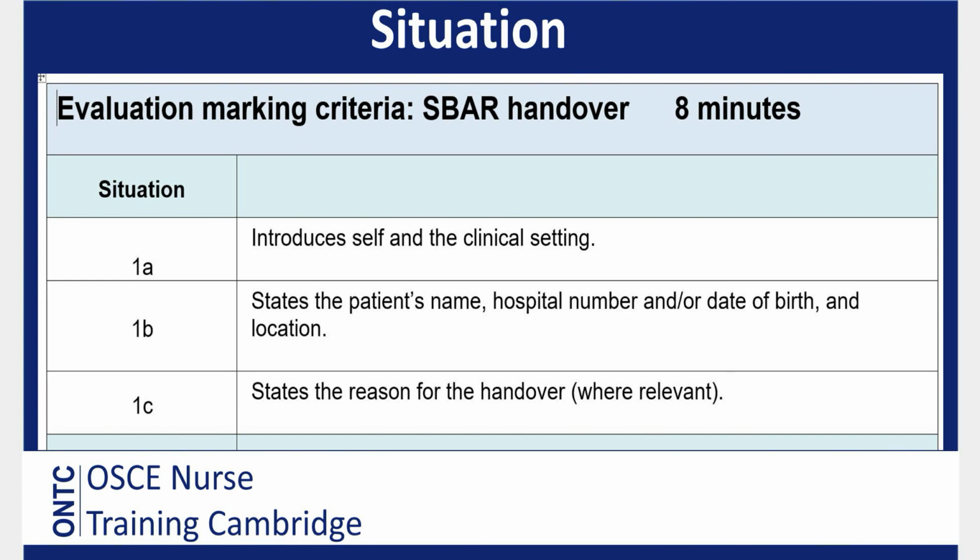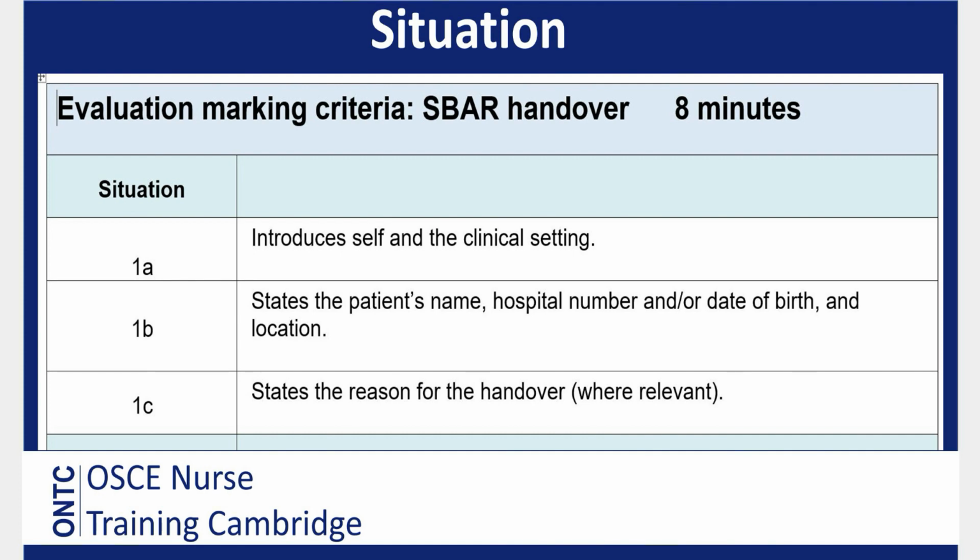So how do we make these notes now? Before we hand over, we are going to make notes based on the information which the test centre has given us under these four domains. So let's look at situation, which is on your screen now. What do we add under situation?